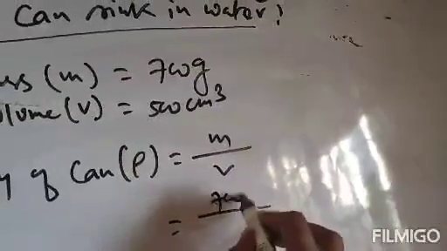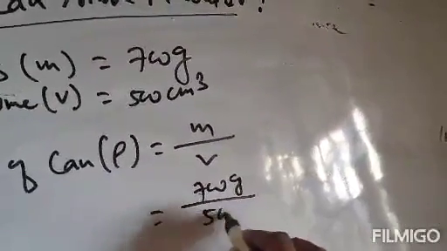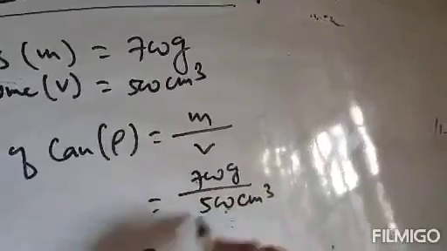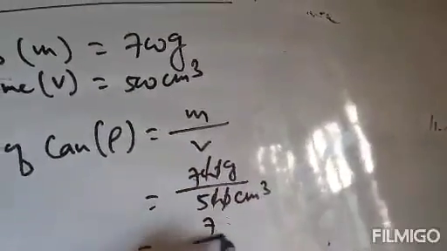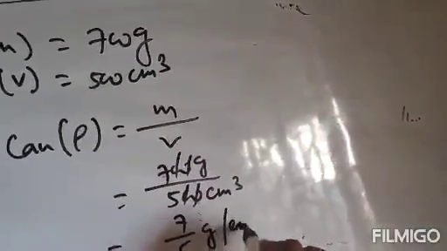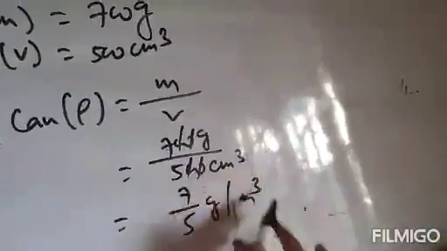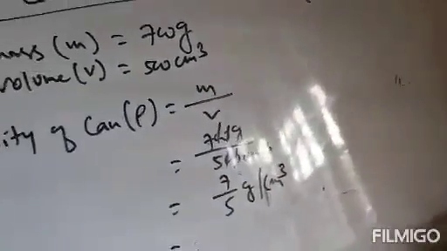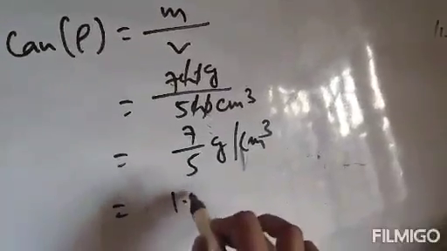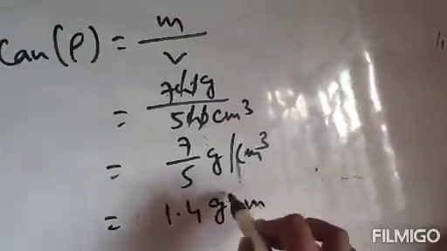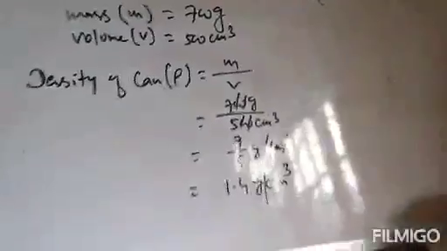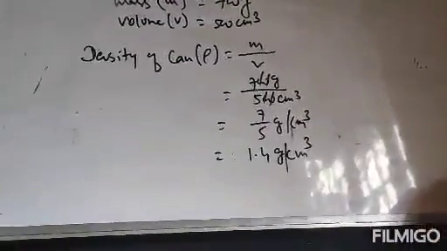So 700 gram by 500 centimeter cube. The zeros will cancel. 7 by 5 gram per centimeter cube, so 7 by 5 means 1.4. See, density of the can is 1.4 gram per centimeter to the power 3.